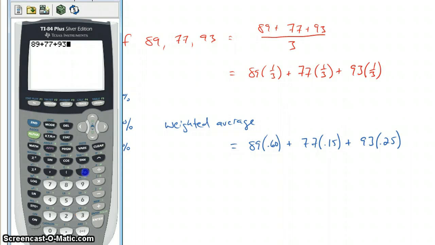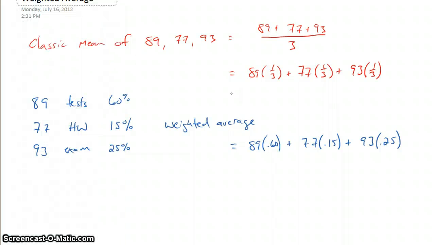I like to do it all in one expression, so I'm going to insert some parentheses back here. Divide by 3. Okay, this number comes out to be 86 1/3.